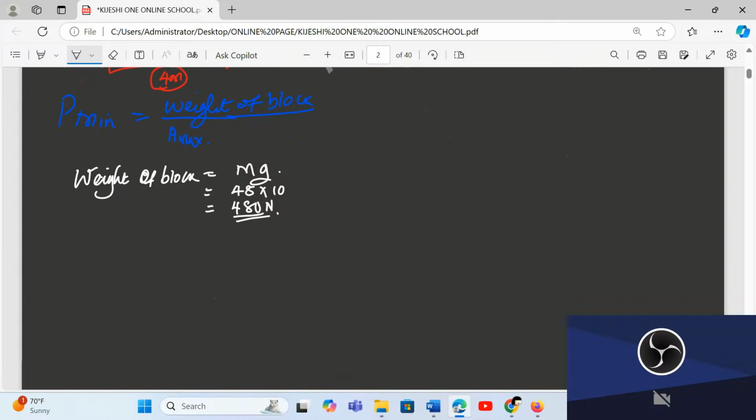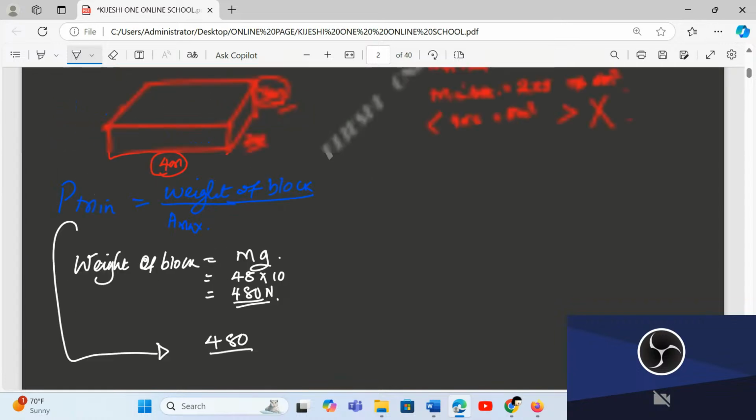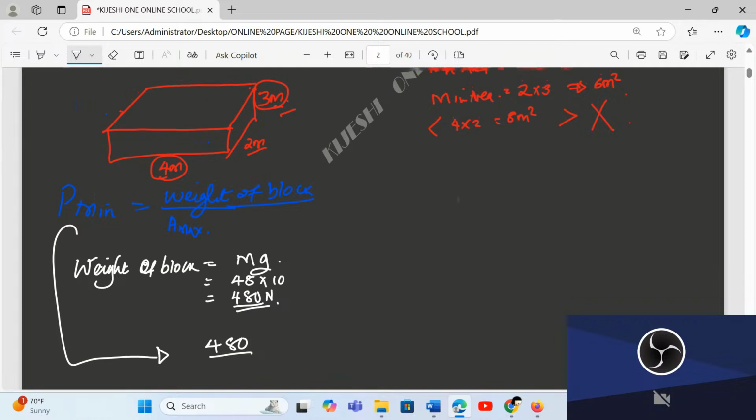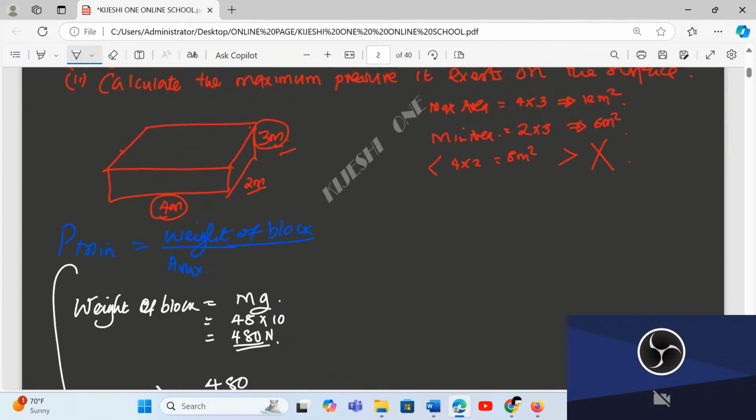Then now we can substitute it there, where we'll say we have 480 as our weight divided by the maximum area, which we have said is 12 square meters.